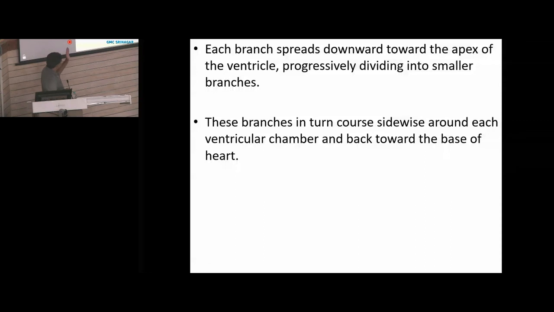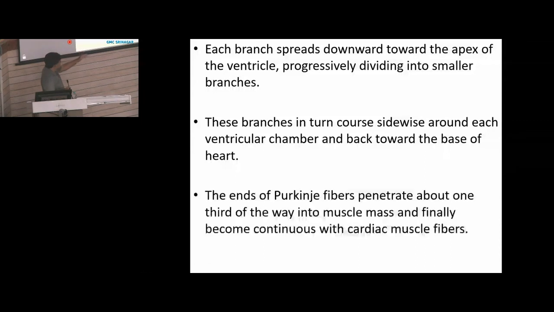The ends of Purkinje fibers penetrate about 1/3 of the way into the muscle mass and finally become continuous with cardiac muscle fibers. So these Purkinje fibers penetrate into the ventricular muscular mass and finally merge with the cardiac muscle cells of the ventricles.